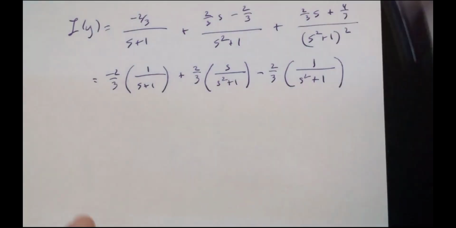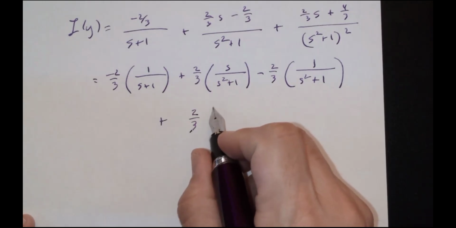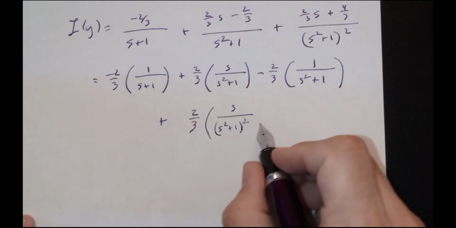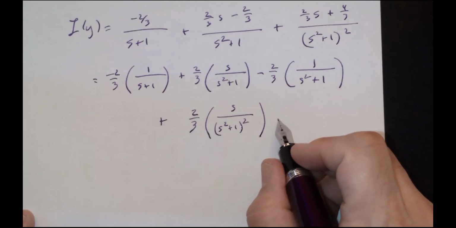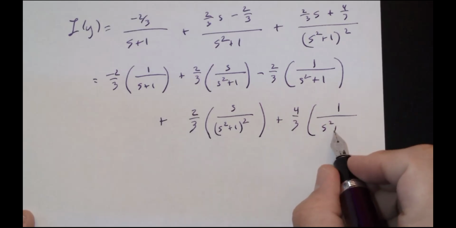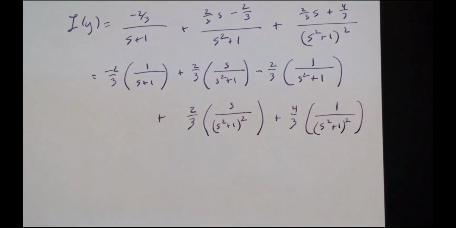For the moment, we're going to do the same thing. 2/3 s over s squared plus 1 squared plus 4/3 1 over s squared plus 1 squared. Man, that is gross.